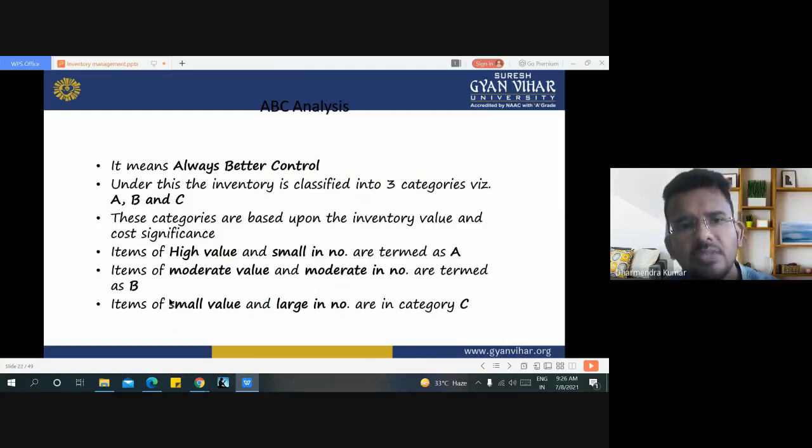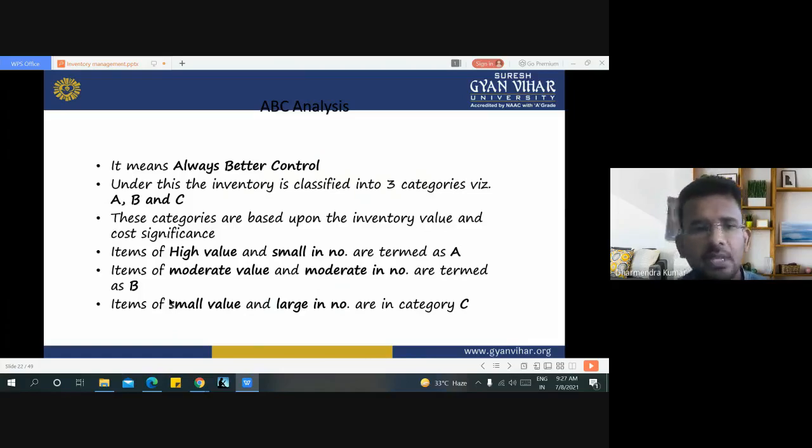Under this, the inventory is classified into three categories: A, B, and C. These categories are based upon the inventory value and the cost significance. The most important consideration in this technique is the basis of inventory cost or inventory value.